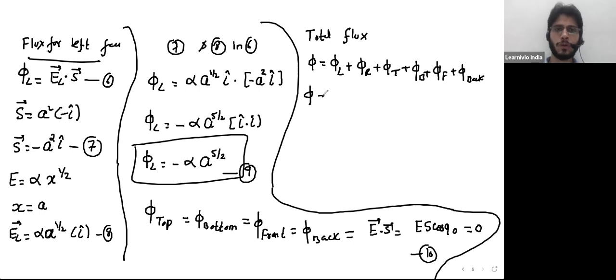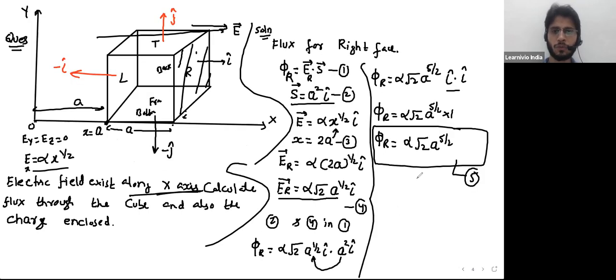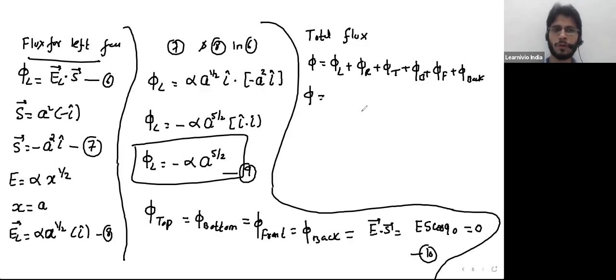So the total flux will be, the rest are 0. For the right face it was alpha root 2 a to the power 5 by 2. For the left face this is minus alpha a to the power 5 by 2. And the rest is 0.